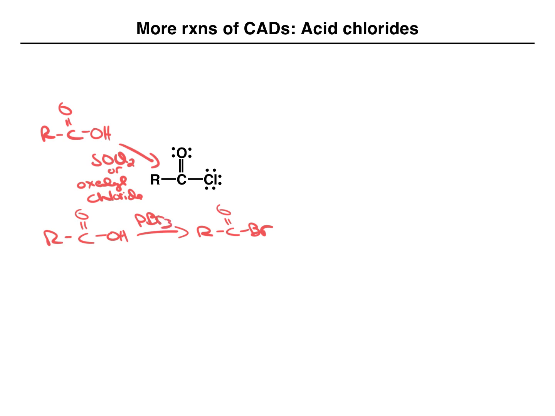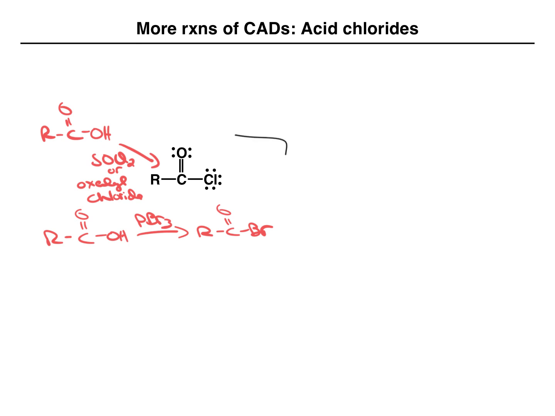Furthermore, we know that we cannot prepare acid halides by nucleophilic acyl substitution of other carboxylic acid derivatives. Instead, acid halides can be converted to all of the other carboxylic acid derivatives.